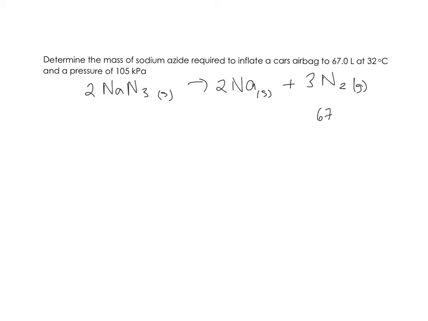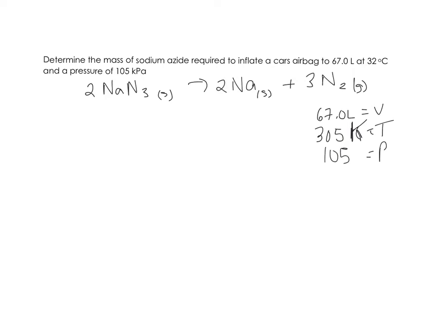So we have 67 liters of nitrogen gas, 32 degrees Celsius, which is 305 Kelvin. So that's volume, that's temperature. Pressure is 105.